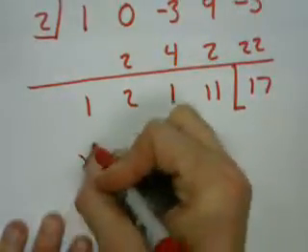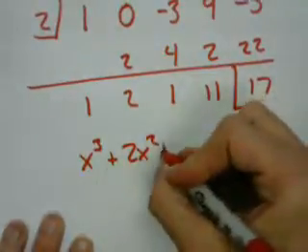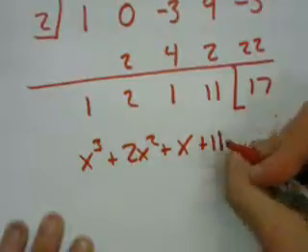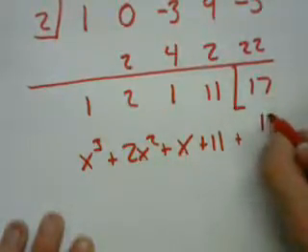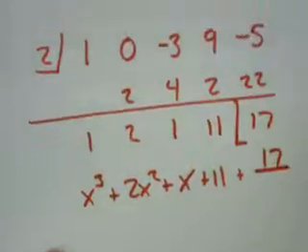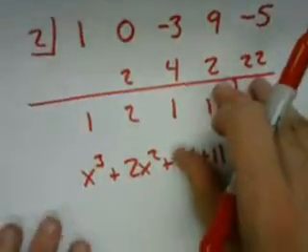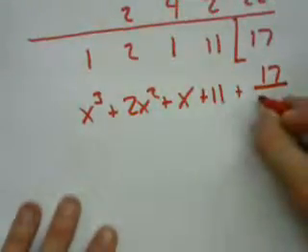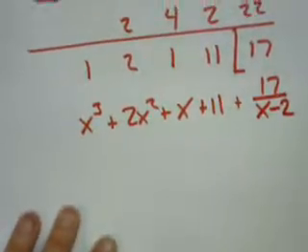So this is 1x cubed plus 2x squared plus x, because there's a coefficient of 1 on the x, plus 11, and then we have plus, and now I can take 17 and put it over the original divisor, x minus 2. Okay? So I can place this over x minus 2. And this is our answer right here.